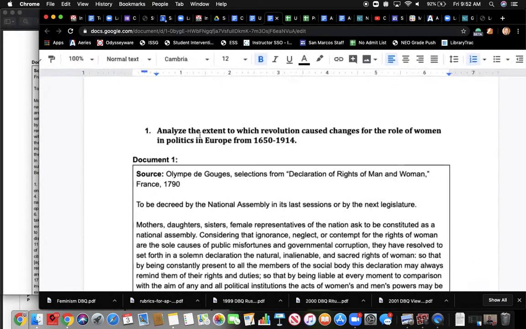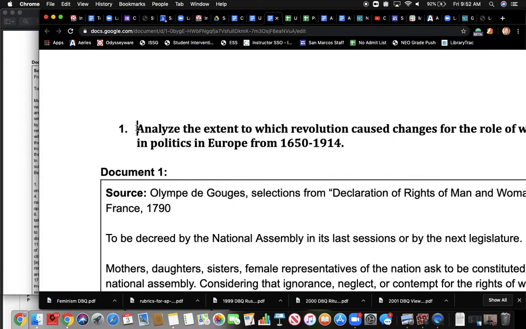Again, anytime you see the word analyze, you automatically think EPEX. So you want to be thinking about EPEX, how environmentally, politically, economically, culturally, socially, whatever the prompt is. Anytime you see the word the extent, you should automatically be thinking somewhat and mostly. Somewhat and mostly.